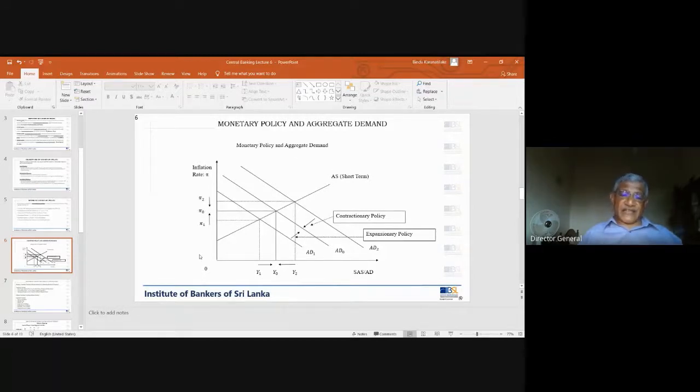What are we seeing here? We are seeing higher inflation is associated with higher aggregate supply. Now, we know at the micro level also, as you have studied in your economics, the supply curve is upward sloping. That supply curve is in the micro sense, the supply of a particular good and service.